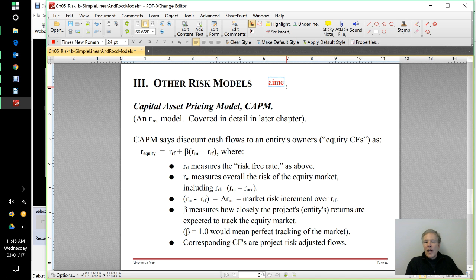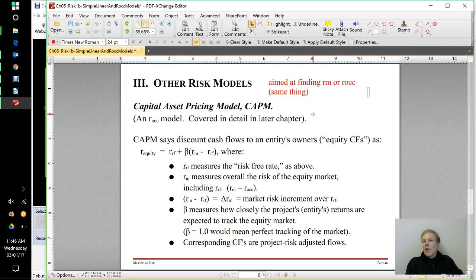So let me write that in. Finding RM or ROCC. And again, as usual, RM or R market is the same in general as opportunity cost of capital, the way that we've defined it.